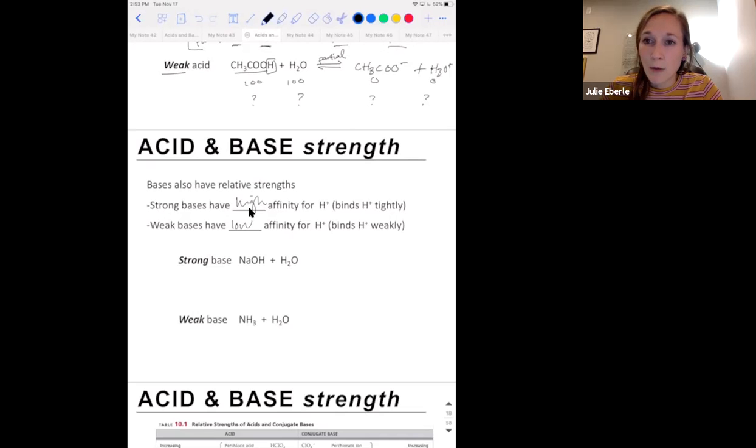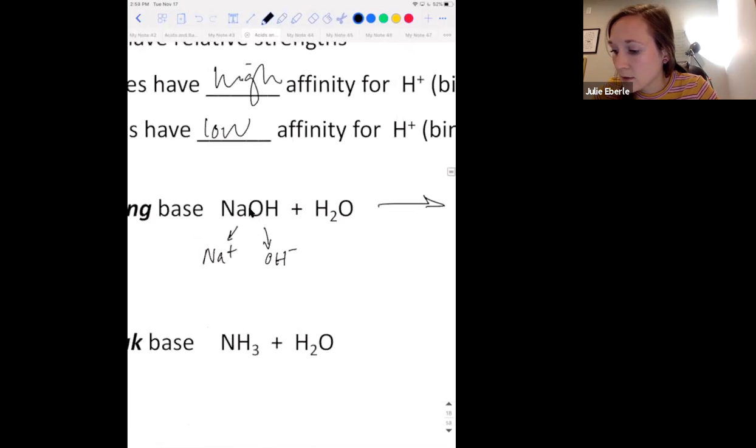So kind of the way we did on the previous slide, if we have a strong base, hydroxide, usually again, it's paired with some sort of group 1 or group 2 metal. So sodium hydroxide is the example here. If it reacts with water, we're going to draw a single arrow because we will have no reactants when this is done. What's going to happen is the OH, remember this splits up into Na plus and OH minus, and it's the lone pairs.